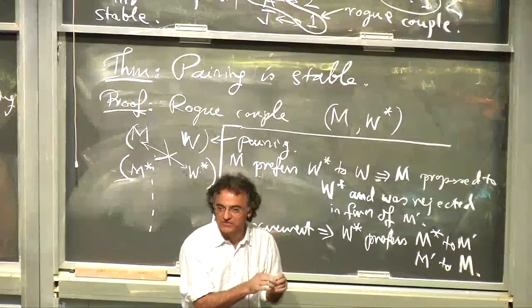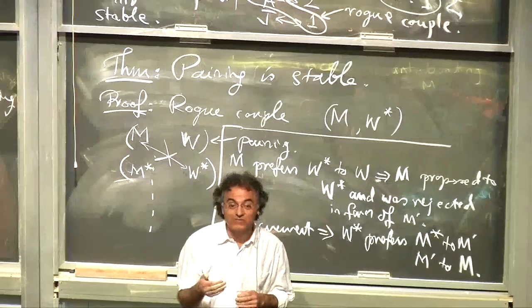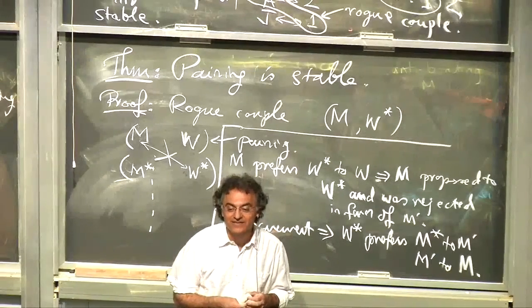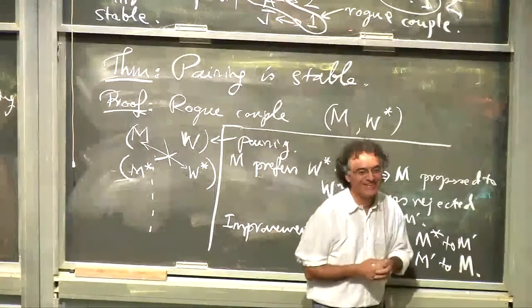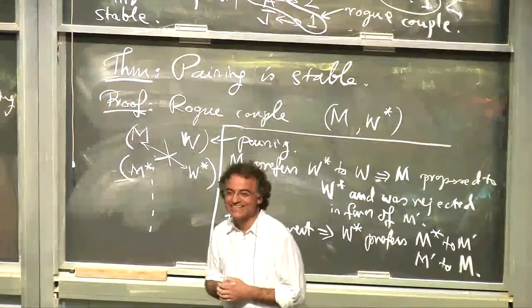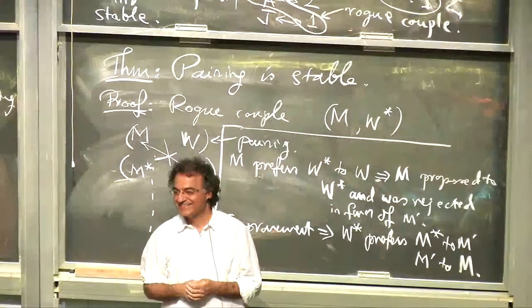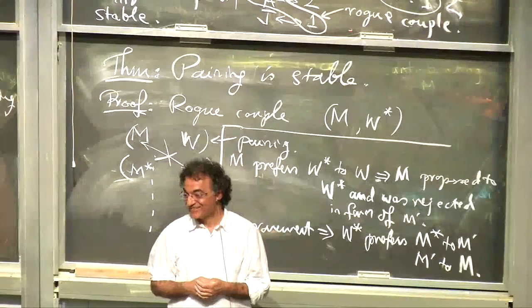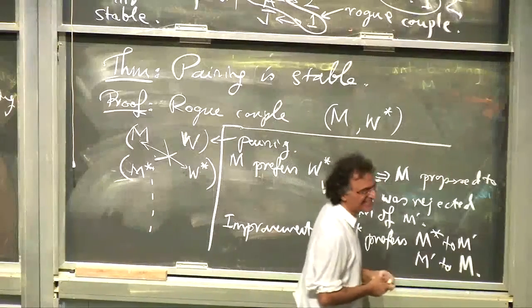Which do you think gives you the advantage? The women. Why? You don't get rejected. Yeah, that's true. The men. Why? I read the notes. Oh, you read the notes.